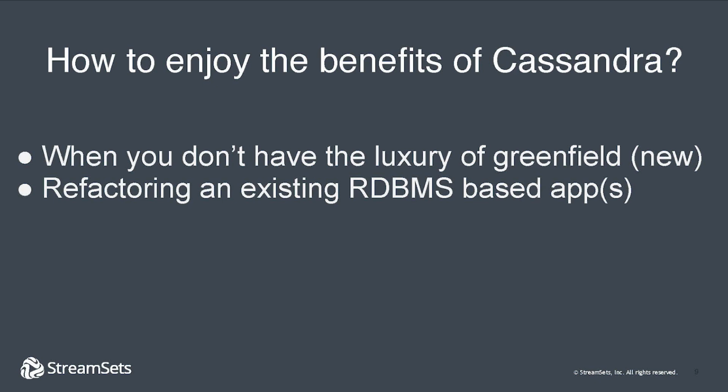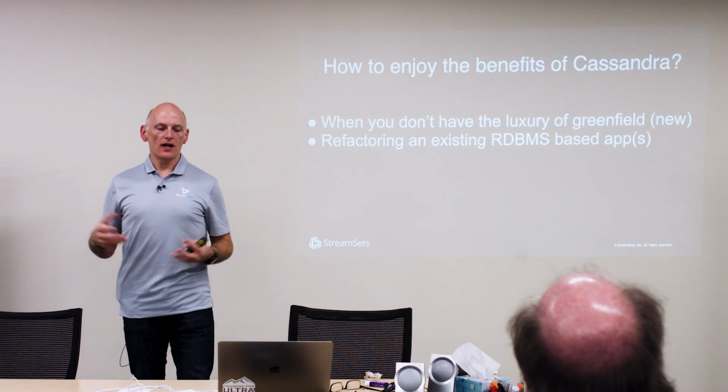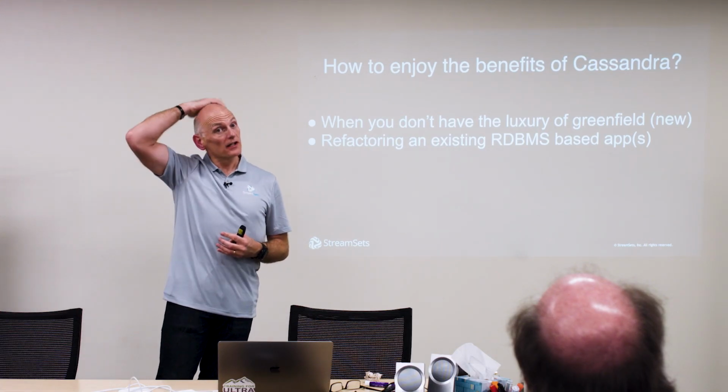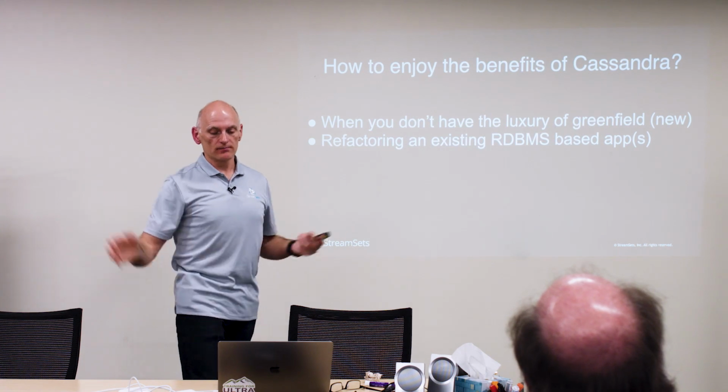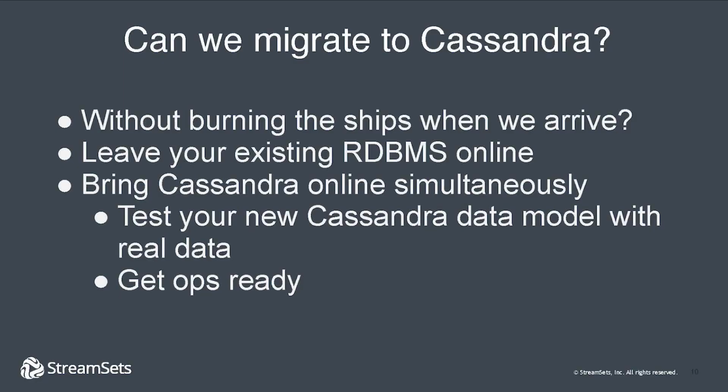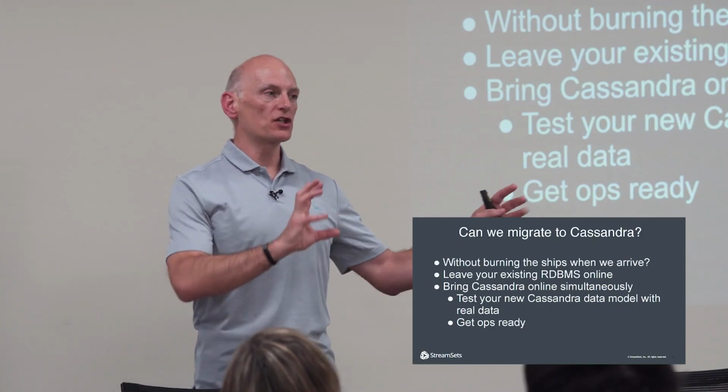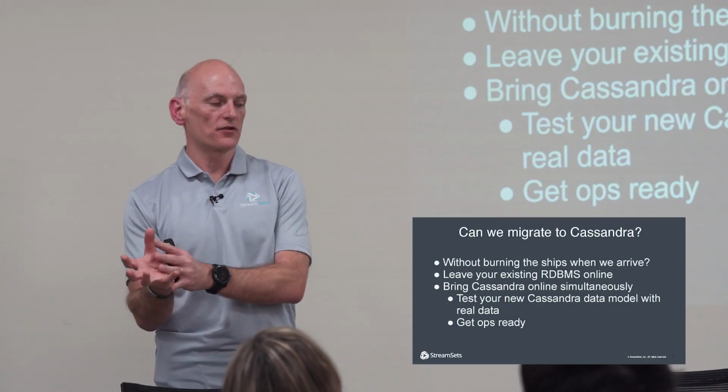So how do you enjoy all these benefits of Cassandra, this huge, massively scalable application database, when you don't have the luxury of rolling it out in a greenfield site? And you've got to refactor an existing application. And can we migrate to Cassandra without burning the ships? Can we do it in a gradual process where we don't literally turn off the relational database and turn on Cassandra at the same time?